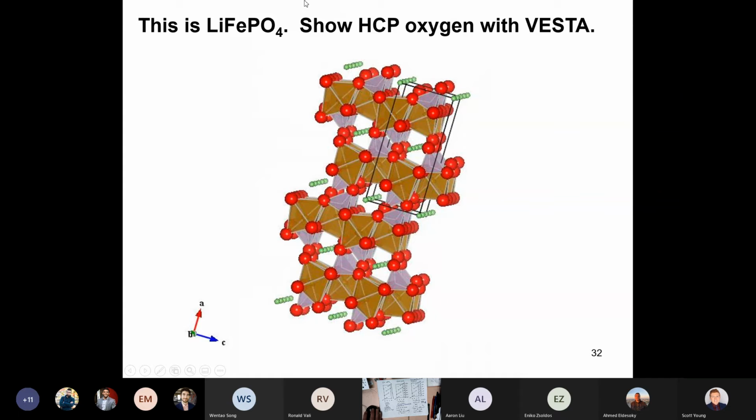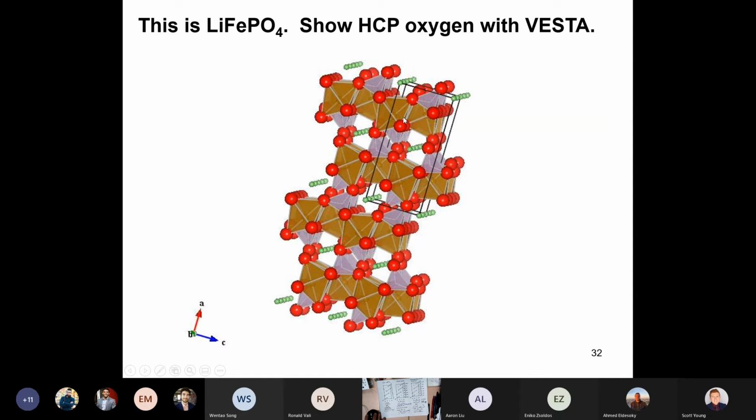Okay, so let's talk about LiFePO4. So this is a picture of LiFePO4. It has an orthorhombic unit cell, shown by this rectangular box, and it again has tunnels for the lithium atoms to reside along.